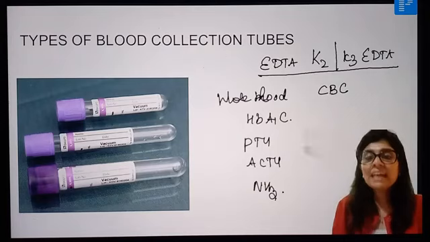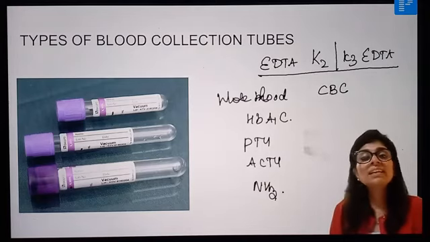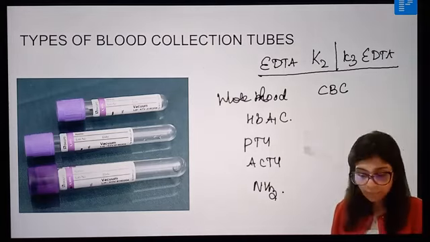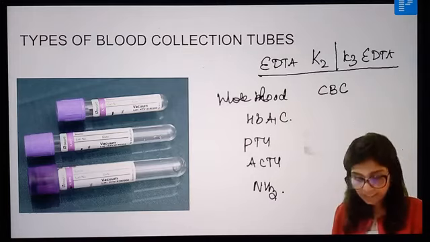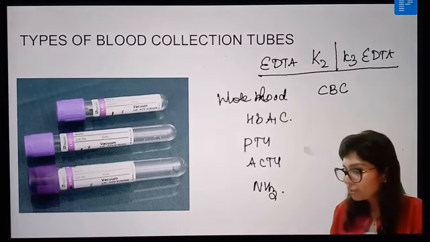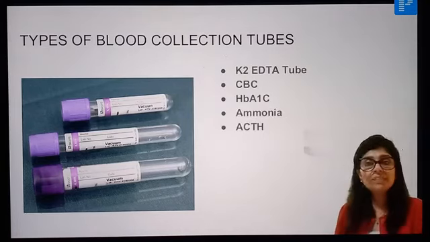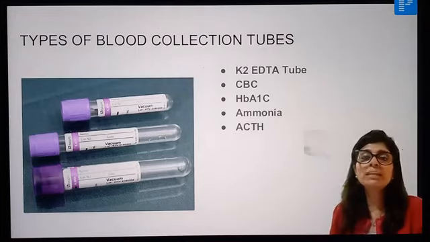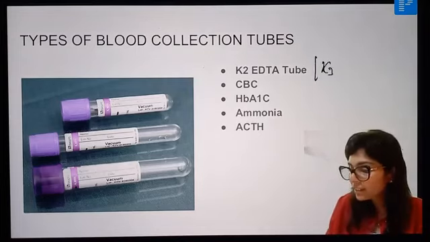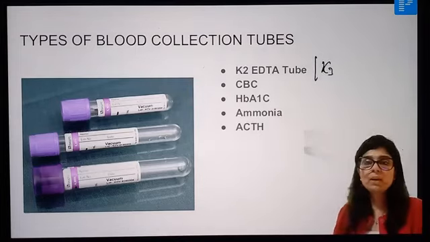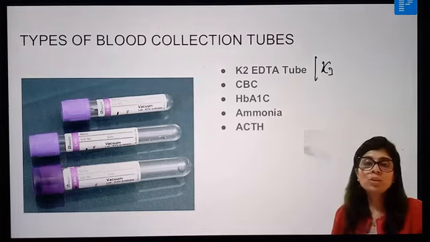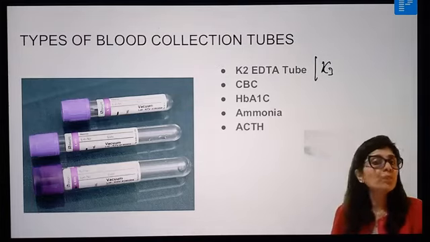So proteases have to be inhibited, for which you add EDTA. So tell me, when will you use? Yes, calcium gets chelated. HbA1c level, excellent Shiva, yes. So for all these purposes, we are going to use lavender top tube. So lavender top tube has K2 or K3 EDTA. It is used for complete blood count, HbA1c, parathormone, ACTH, and ammonia.